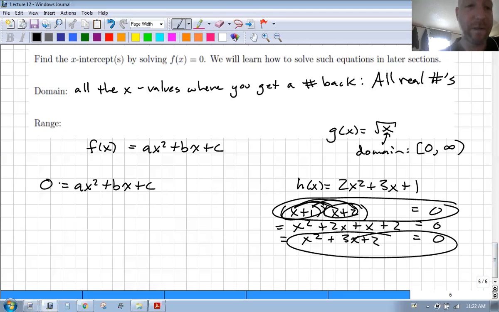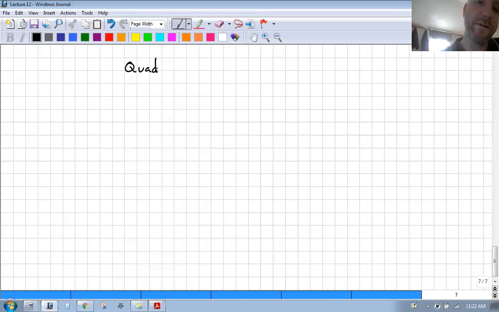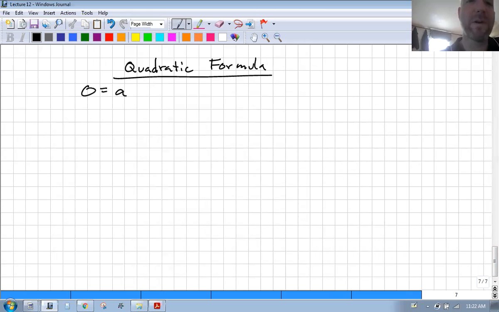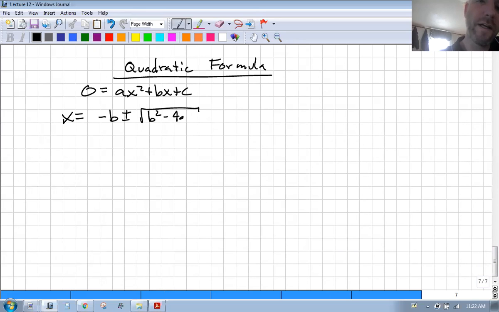The quadratic formula. When you have 0 equals ax squared plus bx plus c, what does x equal? If you solve this, it's negative b plus or minus the square root of b squared minus 4ac all over 2a.